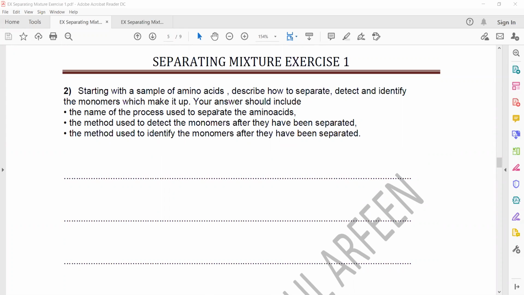Your answer should name the process. So which process will we use? The technique which is used to separate amino acids is called chromatography.